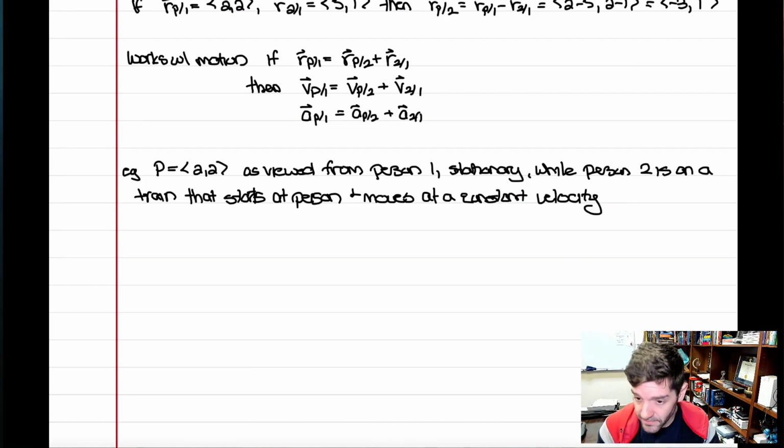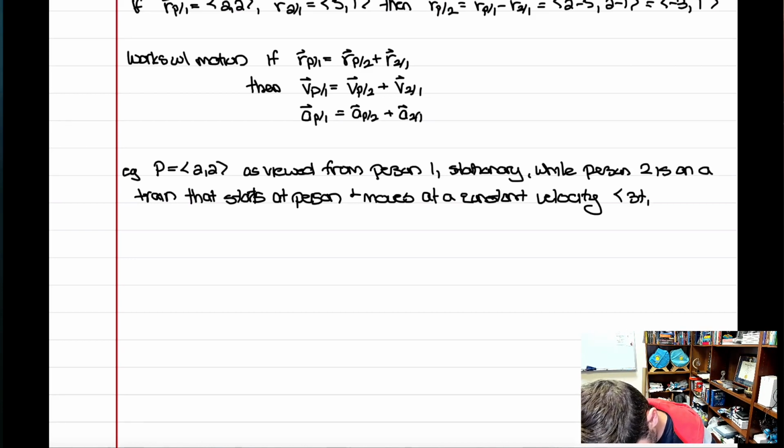Or constant velocity, rather. Let's call it 3t, 0.